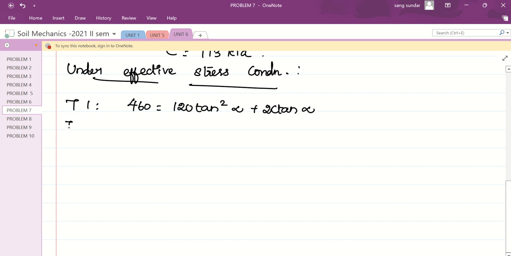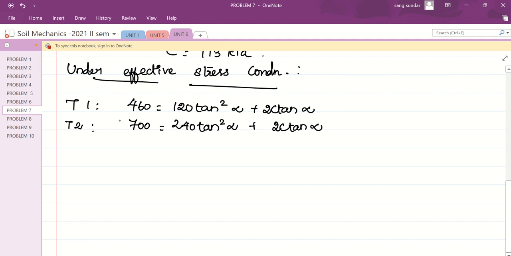And in case of test 2, if I substitute the values, 700 equals 240, in the confining pressure, 300 minus 60. 60 is the pore water pressure. 300 minus 60, which is 240, tan square alpha plus 2c tan alpha.